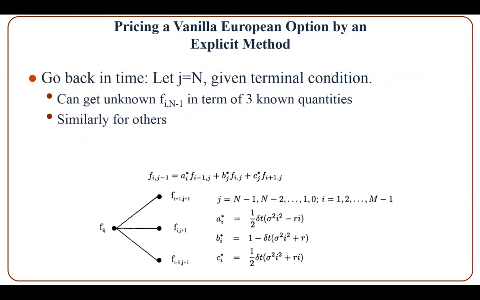Solving this, we go back in time. Let the index j equal to n. Given the terminal condition, we have one unknown quantity f at time n minus 1, expressed as a function of 3 known quantities. And we can repeat this again and again, similarly for other unknown quantities.